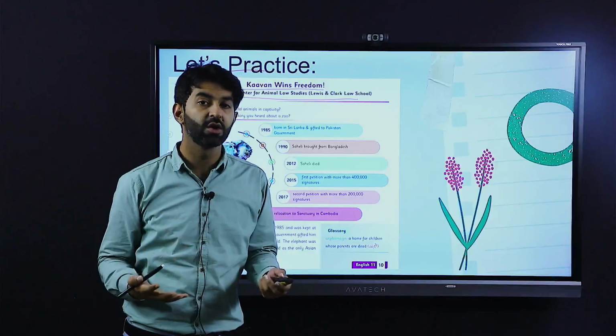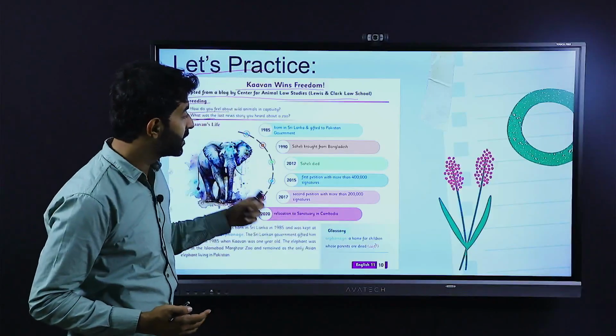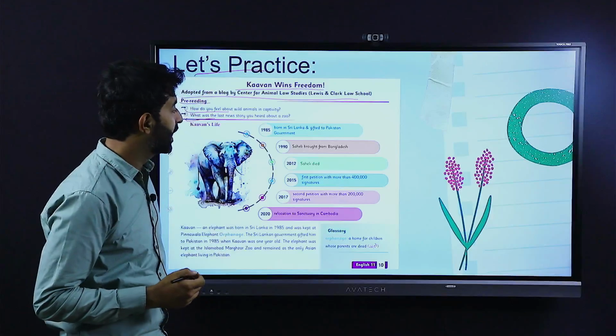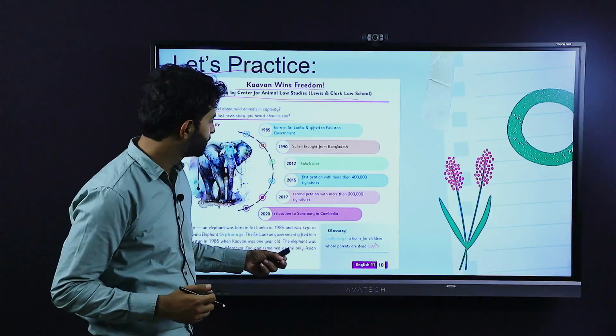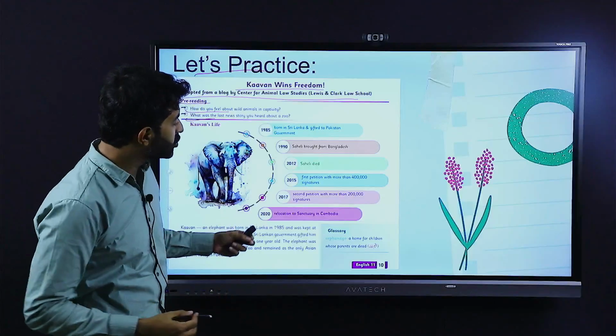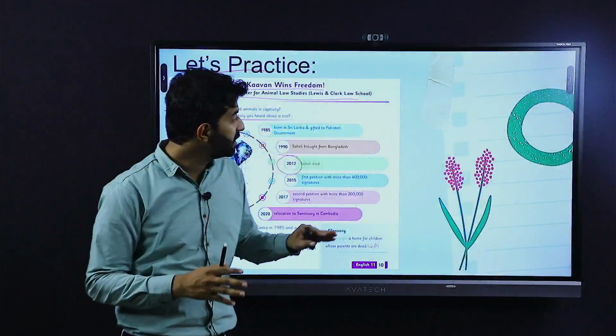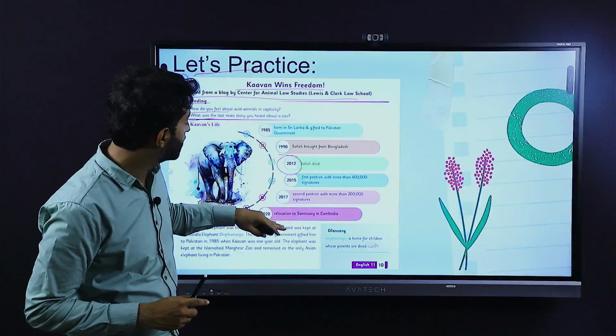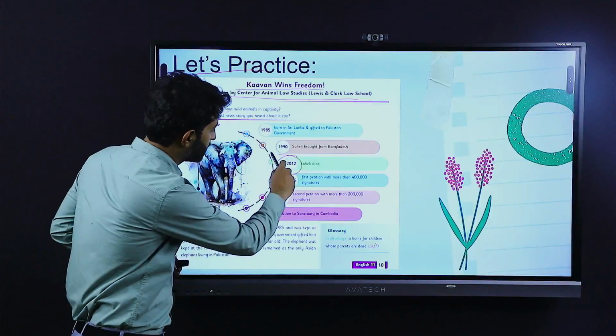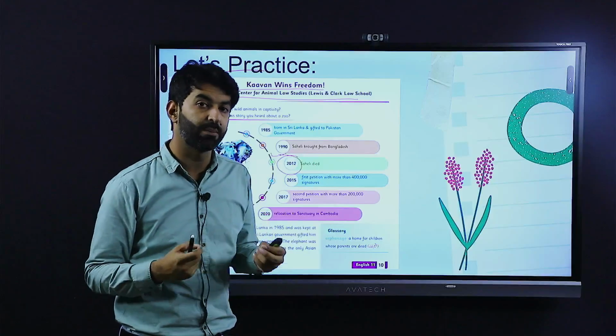So it's a very good story. It is included in the book. You can read it in English 11. Now, if I want to look for this particular incident that happened in 2012, I'm going to read everything quickly and then just scan for the information that I'm looking for.